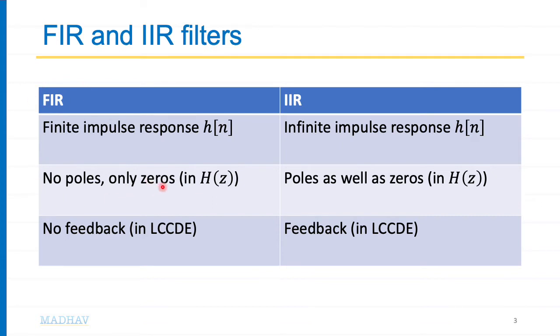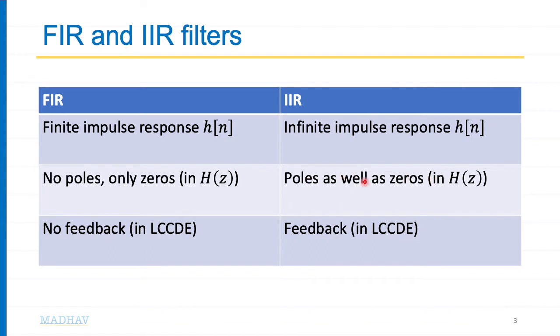It makes sense, right? Your h of z has only the numerator part, and when you take the inverse z transform, your h of n will be a finite thing, basically with some delays like delta n minus n1, delta n minus n2. In this way, you get a finite h of n if there are no poles in h of z.